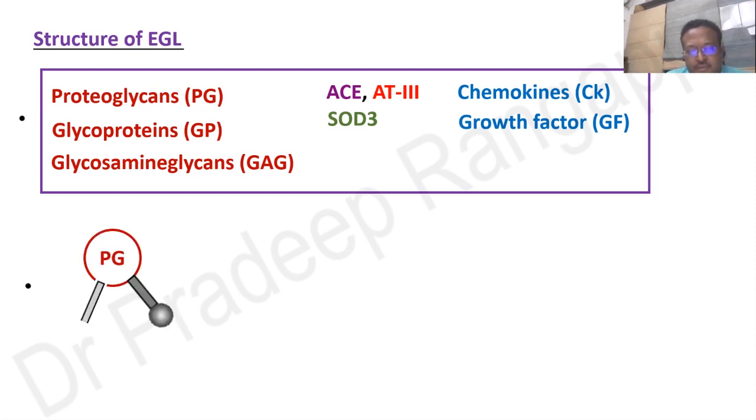The proteoglycans form the central core, the important structure which gives stability to the whole of the endothelial glycocalyx layer. I'll show a lot of pictures.